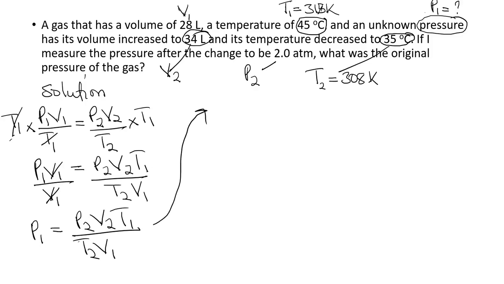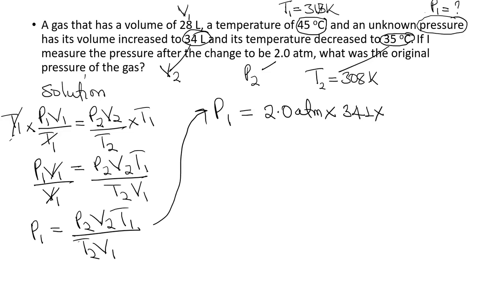Then I'll just slot in the values. P1 is equal to, so the P2 is 2.0 atmospheres. V2 is 34 liters.